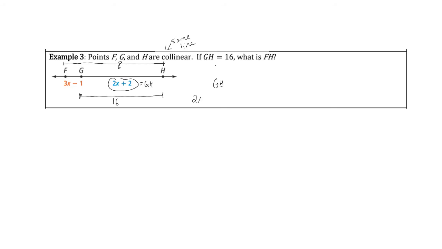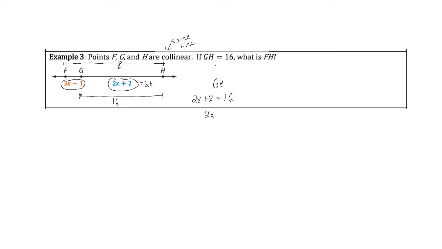We can set them equal because 2x plus 2 equals GH and 16 equals GH. So that means they must equal each other. This allows us to solve for x, and this will allow us to solve for FG in the end. And we add 16 to this length of FG, and we get that total FH.